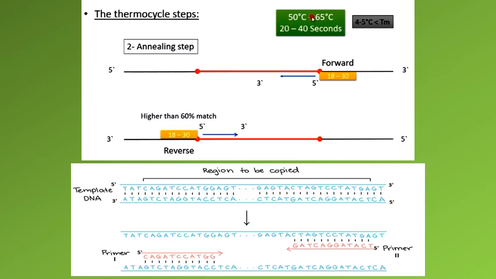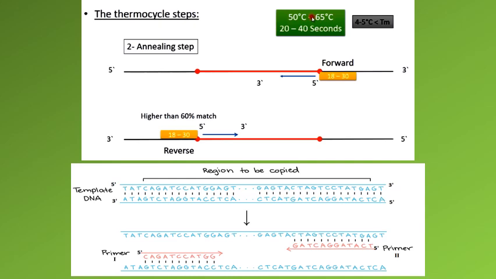Now, the next step of the PCR technique or thermocycle steps is the annealing step. Annealing means that the DNA is recombined with the primer in a double strand form by hybridization between this target sequence of DNA and the primer you used.